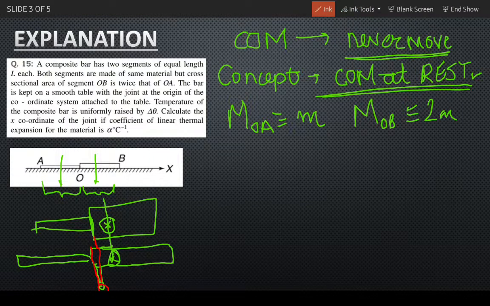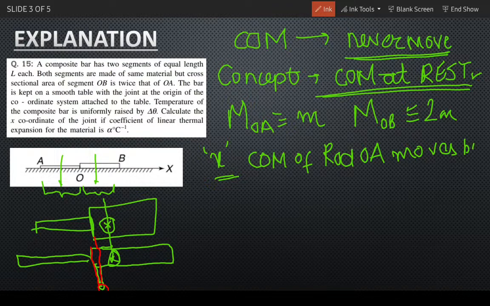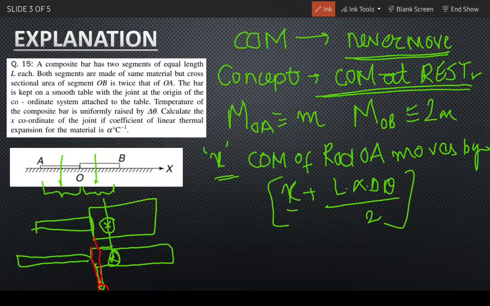Now coming to the answer, considering x as the extra distance moved, we can find that center of mass COM of rod OA moves by x plus L alpha del theta by 2. Now x is the extra distance moved, this and this.